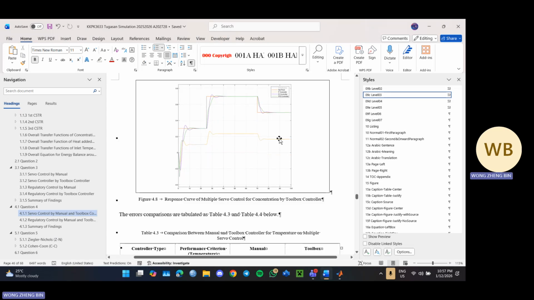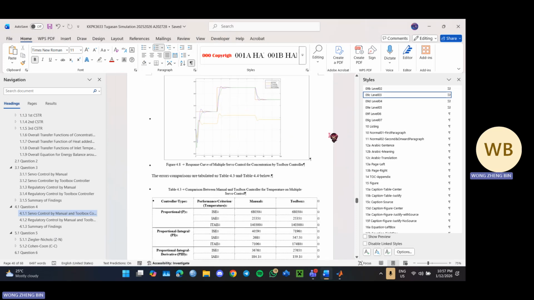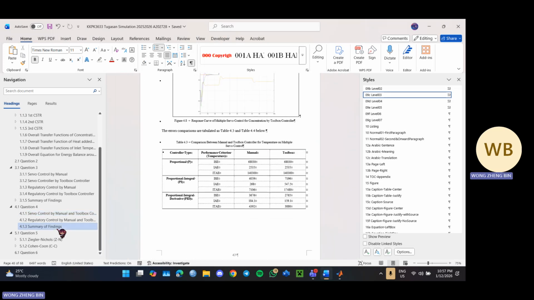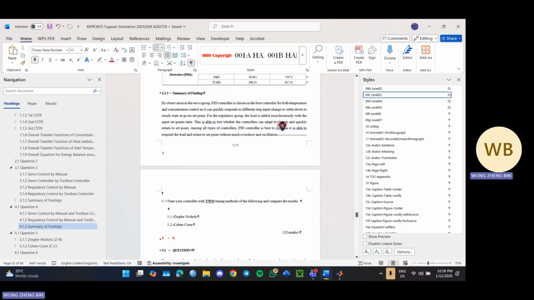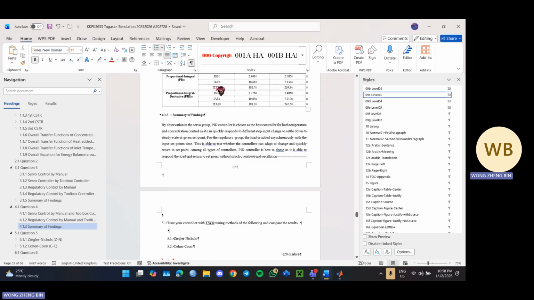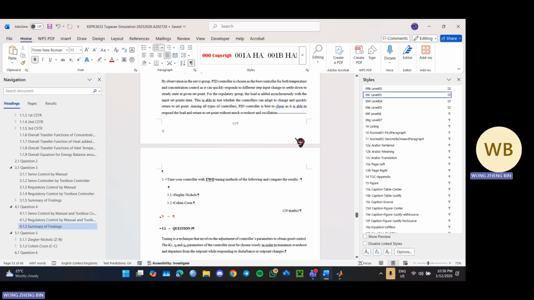And for using toolbox it is the same case, but it performs better compared to manual. So the summary of findings for this part is also that the PID controller is better because it provides lower error values compared to the P and PI controllers.